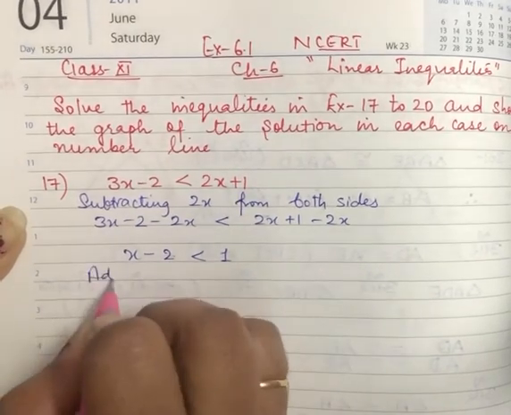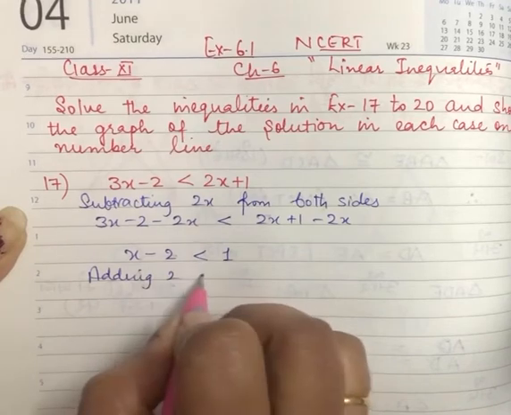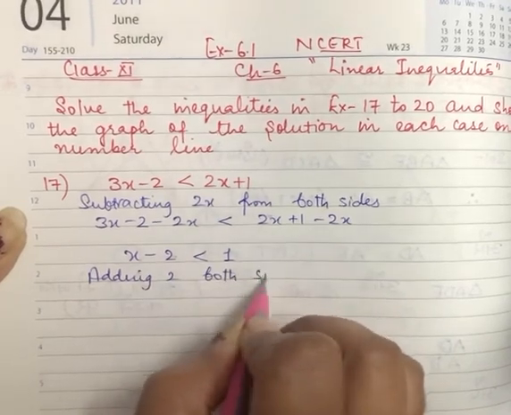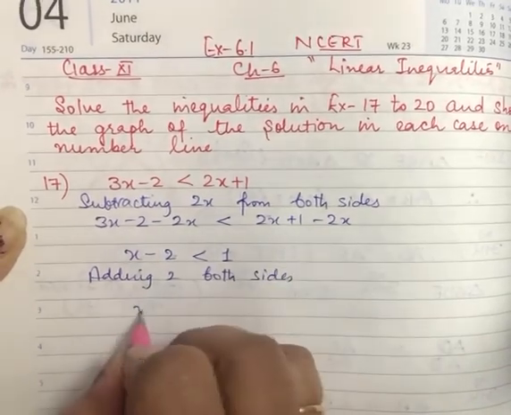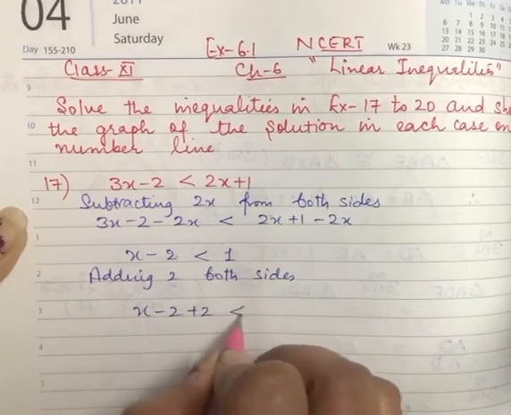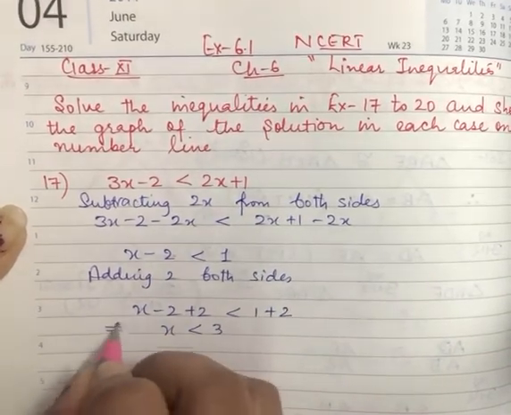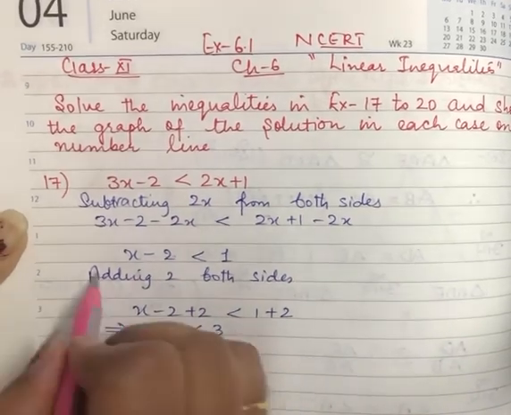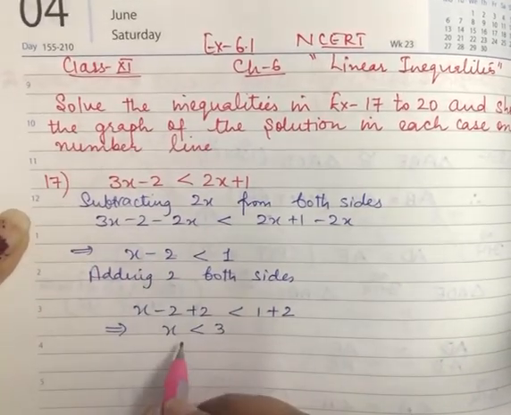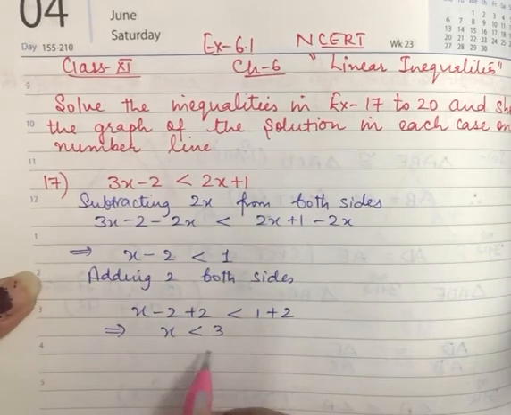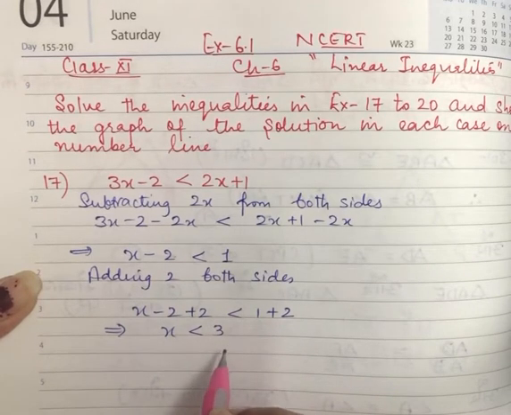Now adding 2 to both sides, this becomes x minus 2 plus 2 less than 1 plus 2, that is x less than 3. So the solution is x less than 3.